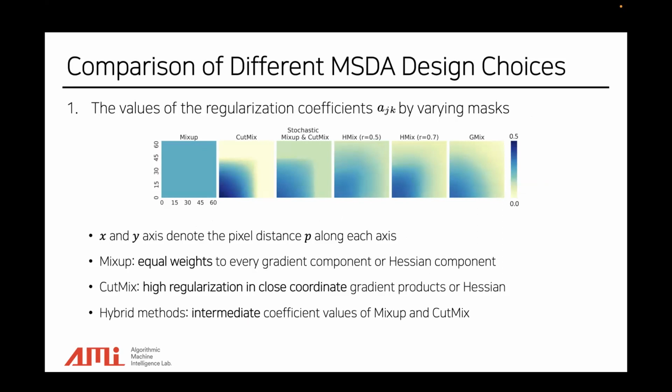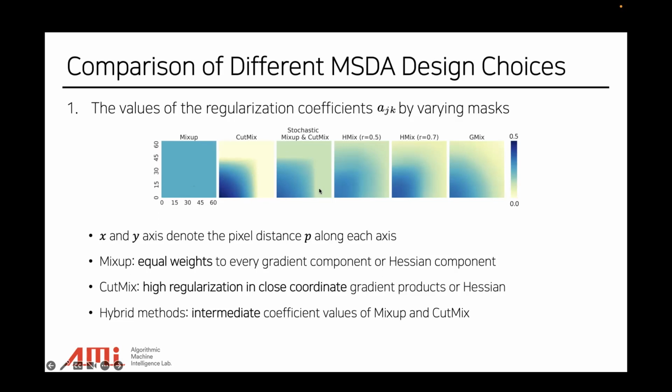And then they compare the different MSDA design choices in three ways. The first one is in terms of the values of the regularization coefficient AJK. In this figure, the x and y axes denote the pixel distance along each axis. As you can see, Mixup has equal weight on every component, and CutMix has high regularization in closer coordinates.